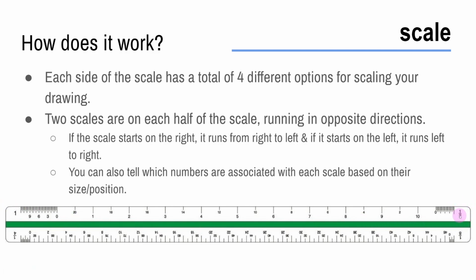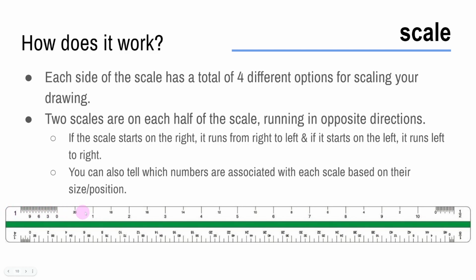So this half actually means a half of an inch on paper is 1 foot in real life. And those view names underneath all of the different views on the sets of plans, that's what they're referring to, when they say a half of an inch equals a foot or a quarter of an inch equals a foot. So this would be 1 inch on paper is 1 foot in real life.